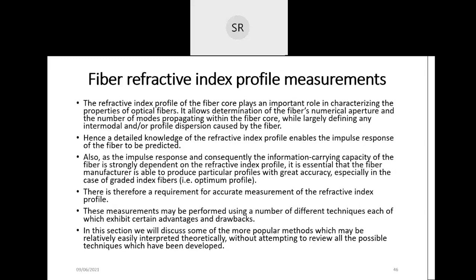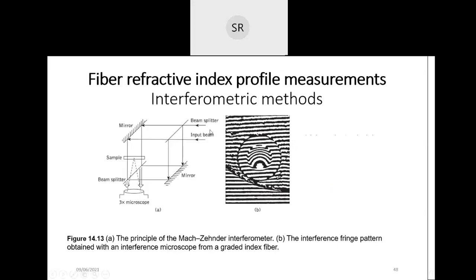So we'll see here a method of measurement of the refractive index. That method is called the interferometric method. In this interferometric method, a small fiber sample is used to determine the refractive index profile of the optical fiber.